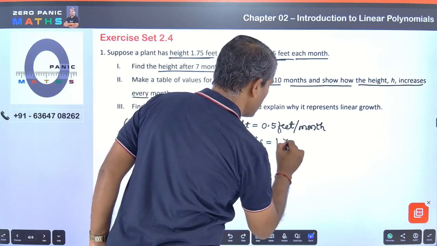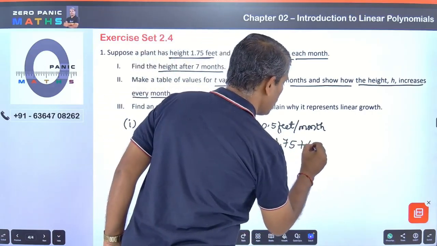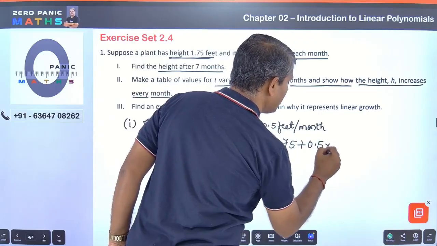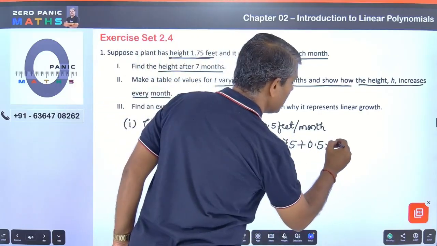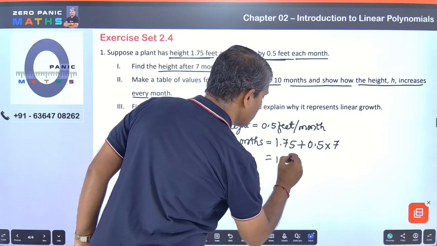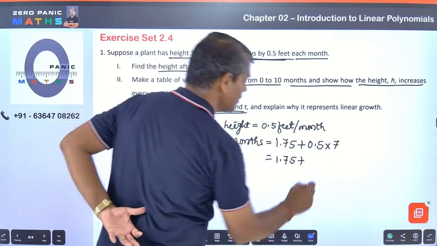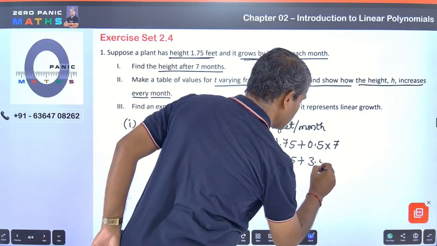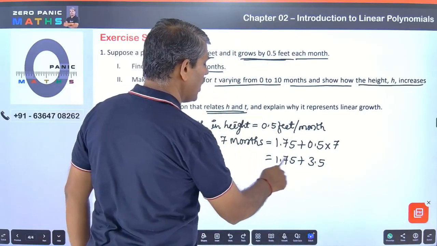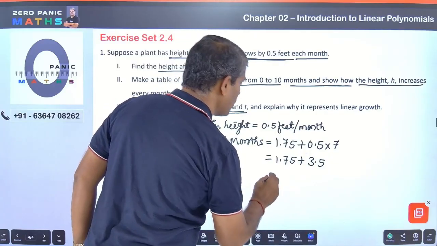1.75 plus 0.5 per month, and they are asking after 7 months. So it will be 1.75 plus 0.5 seven times, which is 3.5, correct? So it is 1 plus 3, that is 4, and 0.75 and 0.5 is 1.25.